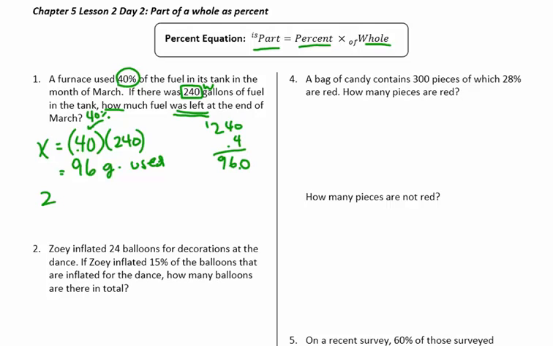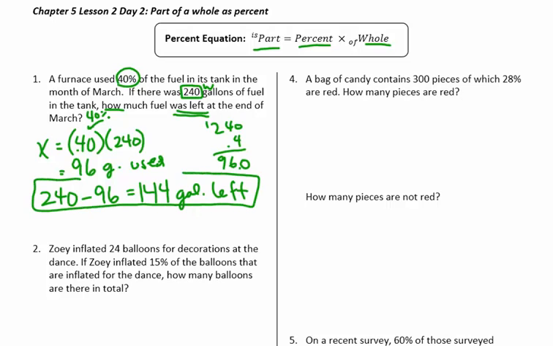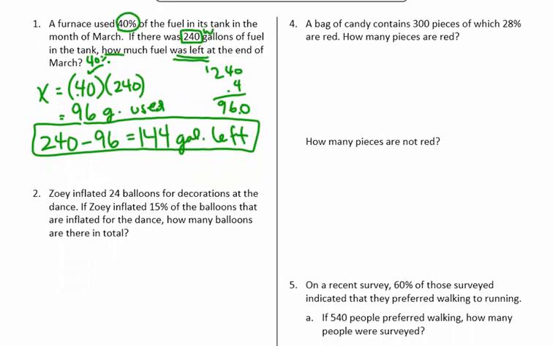So 240 minus 96, how much was used, will give us what's left. 144 gallons are left. So be careful that when you find the answer, you've answered the question, not found the info to help you get the answer.